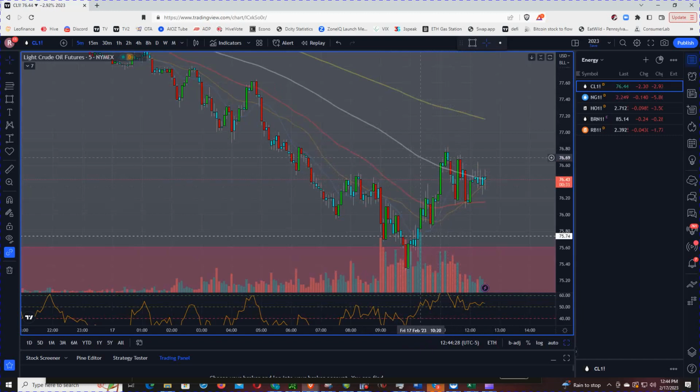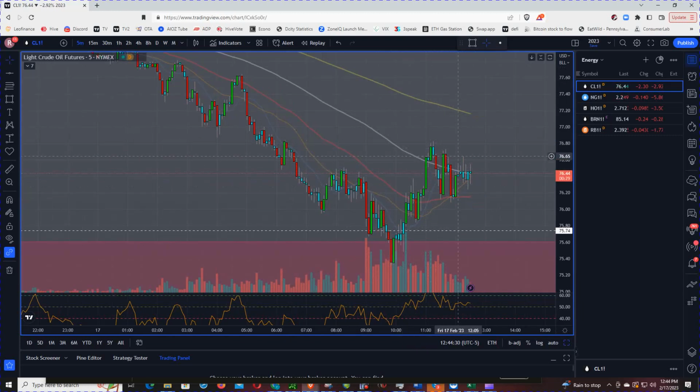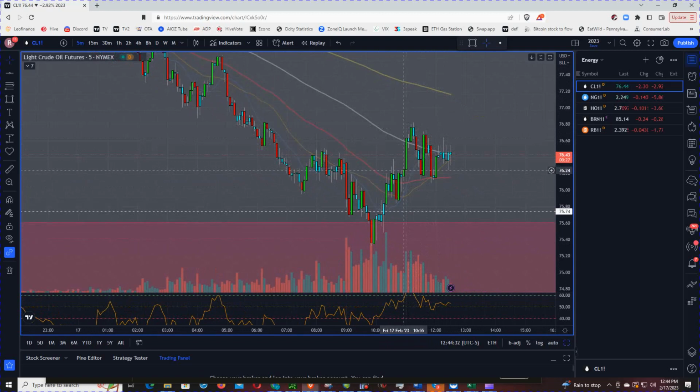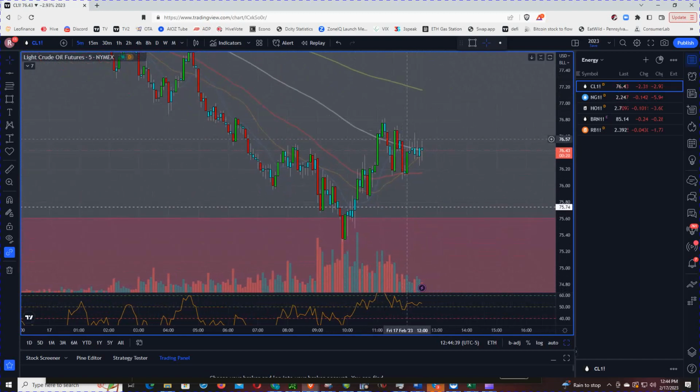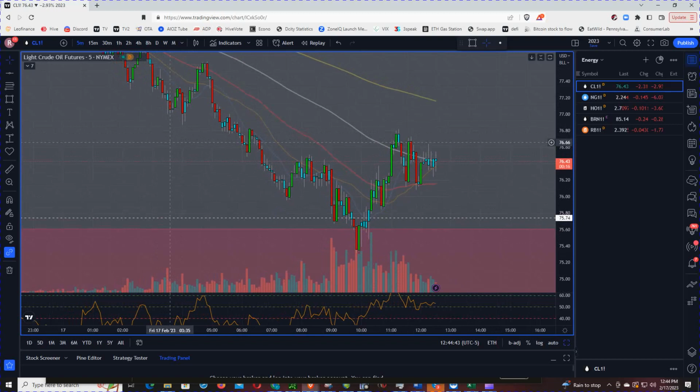Yeah, it'll be interesting Sunday night into Monday whether price rebounds higher or continues to move further down. A lot of it's going to depend on economic data to support demand or excess supply.